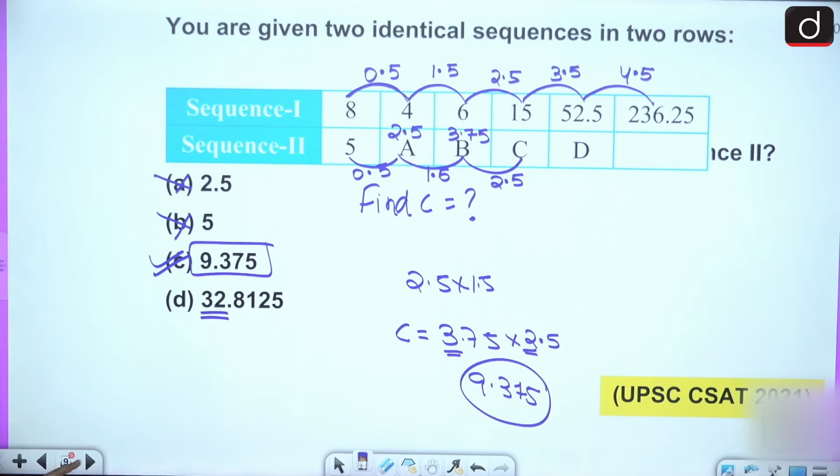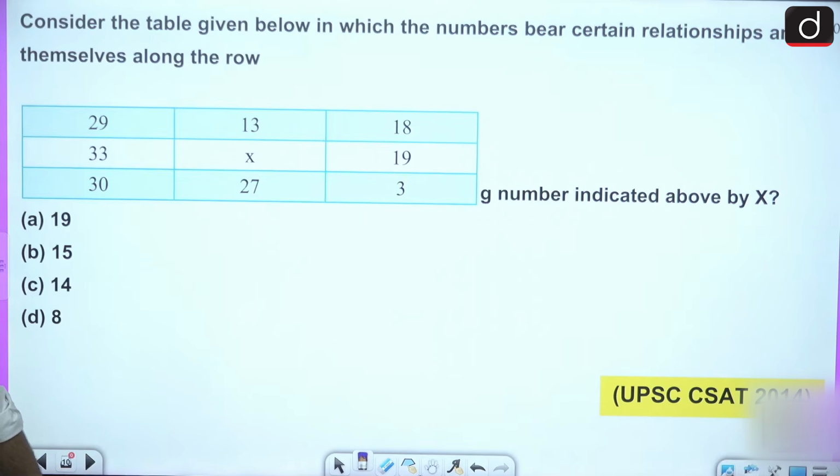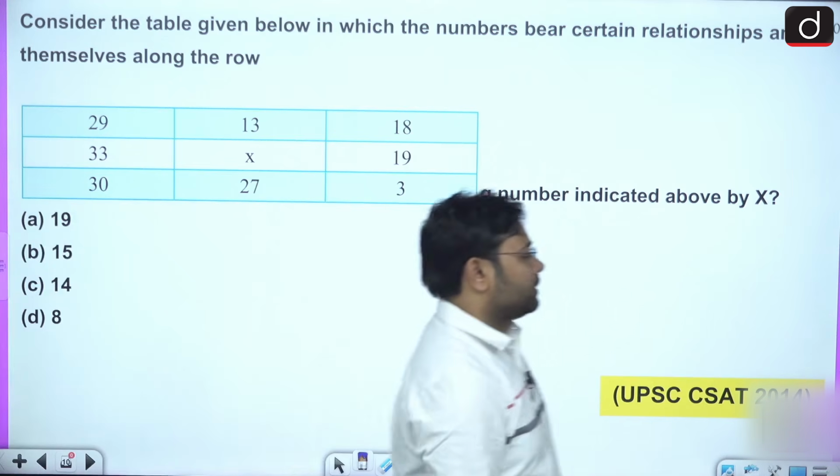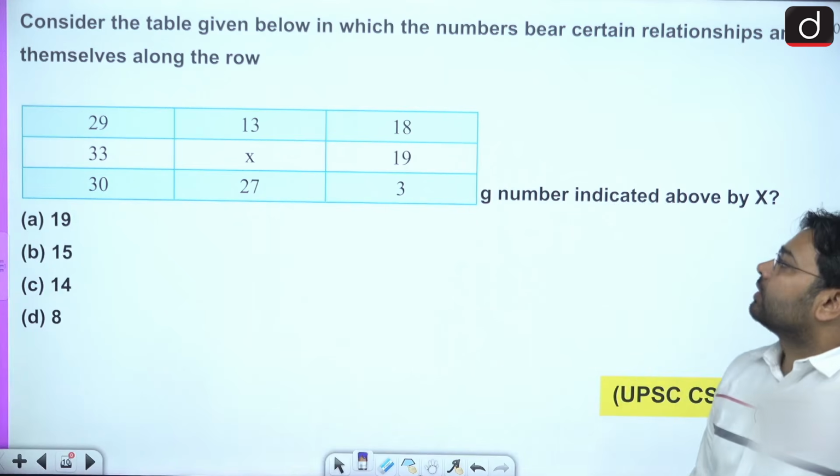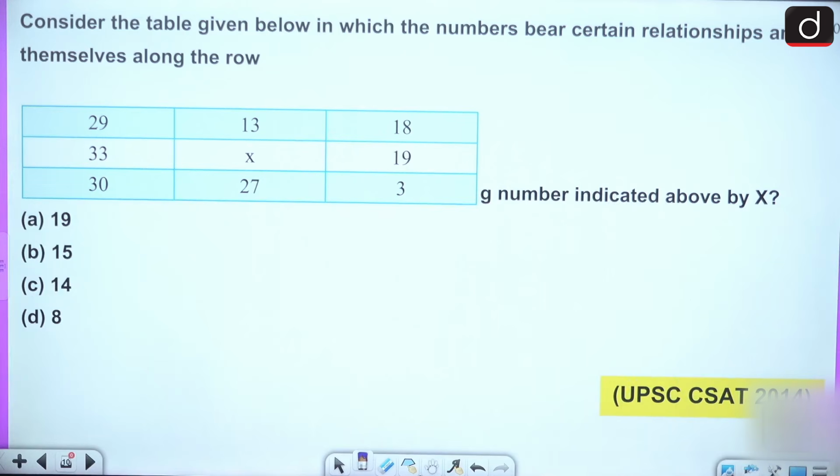One more like this. This is from 2014. Number indicated above X, means you need to find the value of X. Consider the table given below in which the numbers bear certain relationships among themselves along the row.